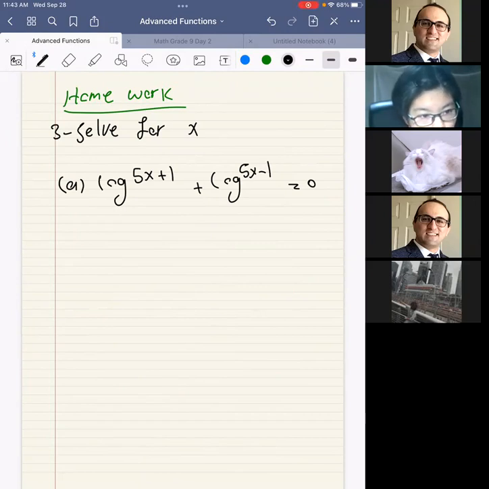Again, if I don't put anything, that means log with base 10. But here I just put 2. Actually, for this question it doesn't matter, and you will see why if you solve this. I can give you some other questions.